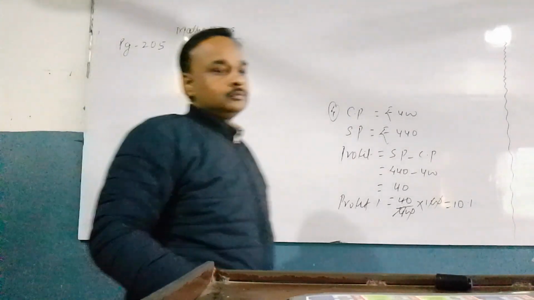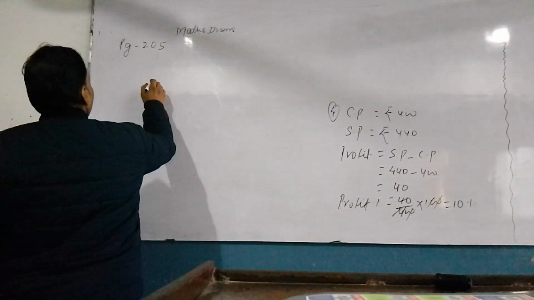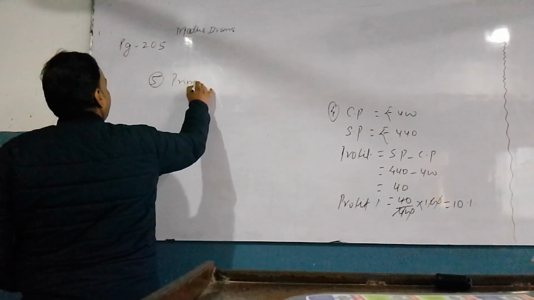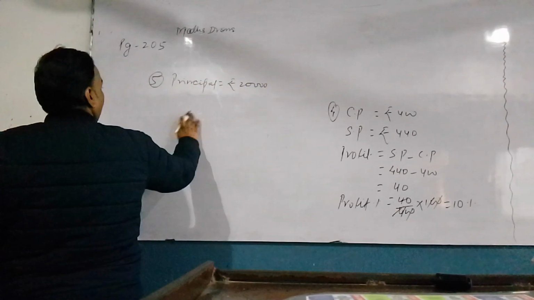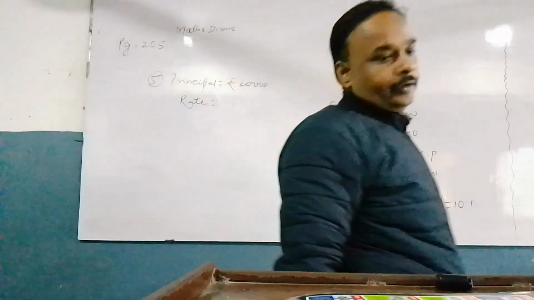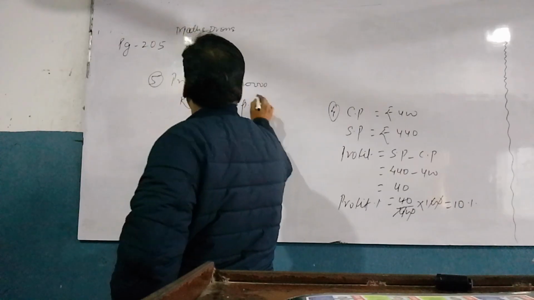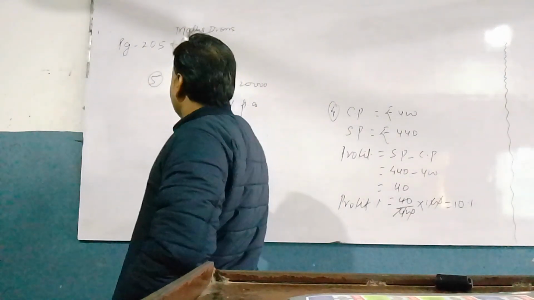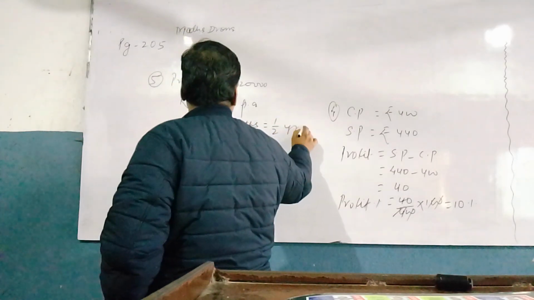Principal here is rupees 20,000 and rate is 8% per annum, means 8% per year, and time is half year.